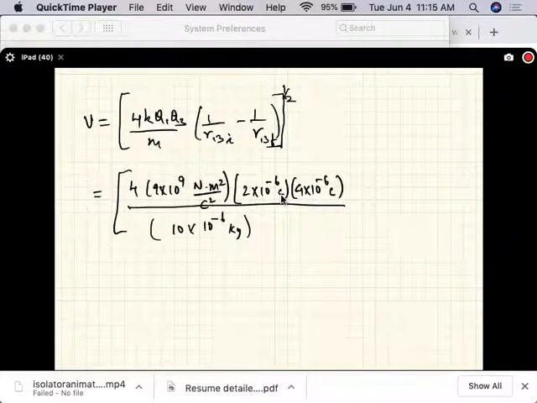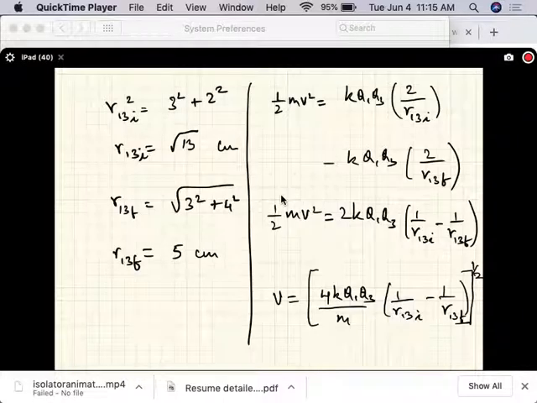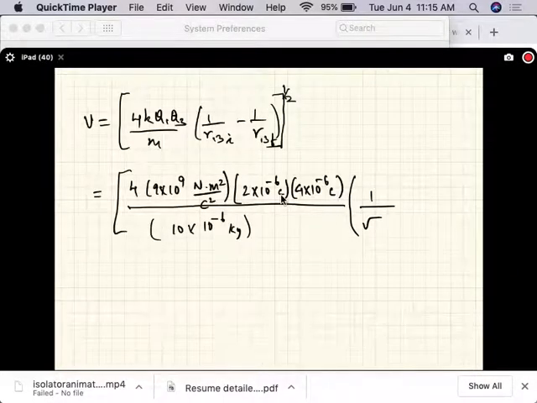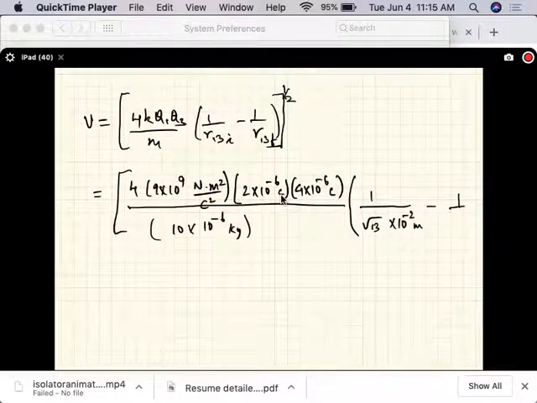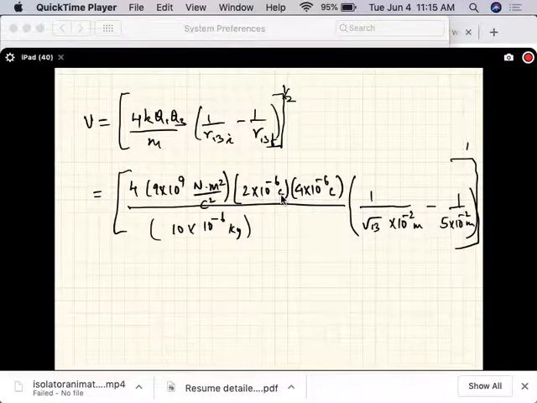And then R13 is square root of 13 centimeters, and 10 minus 2 meters, and 5 into 10 minus 2 meters. The whole thing to the power half.